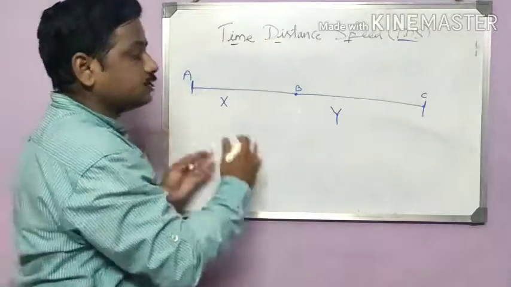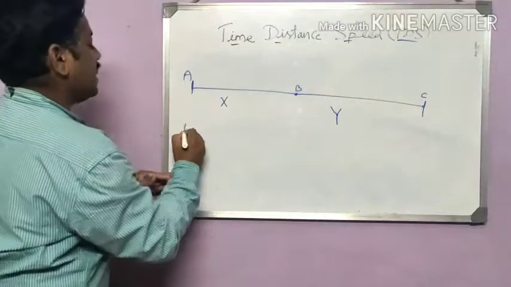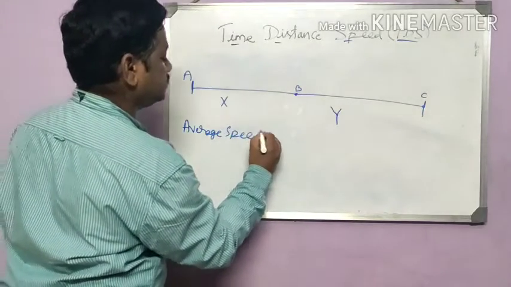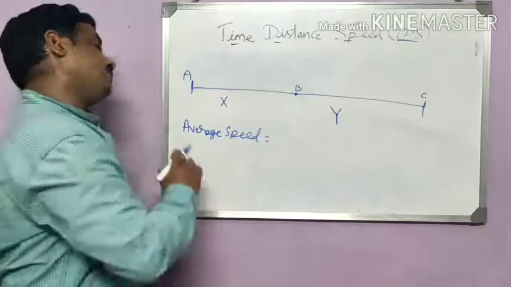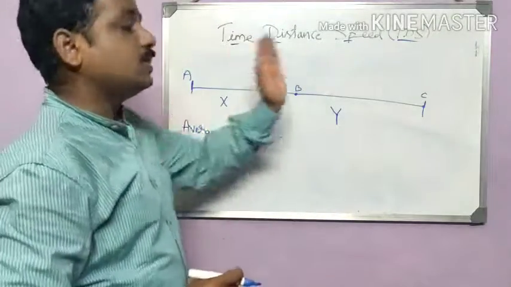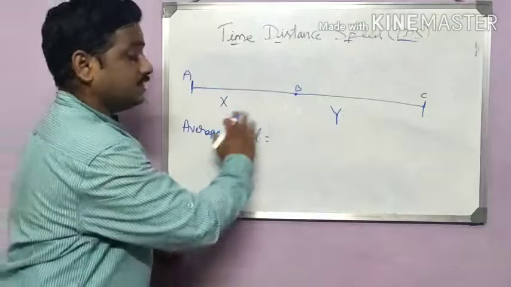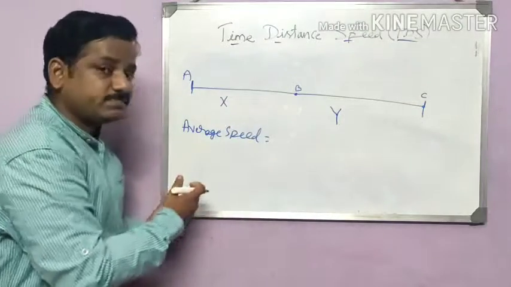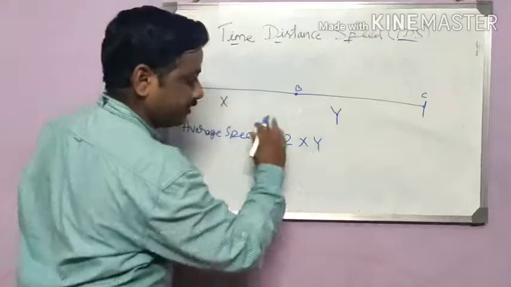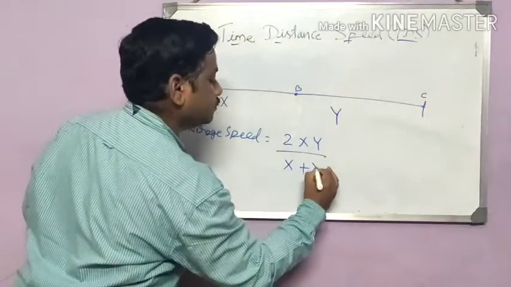So in this situation, we can find average speed. We can't say the actual speed because the speed is not constant here. Speed is varying. So we have to find an average speed of a person from one point to another point. When there is a variation of two speeds, the average speed can be calculated as 2 into x and y, speed by x plus y.